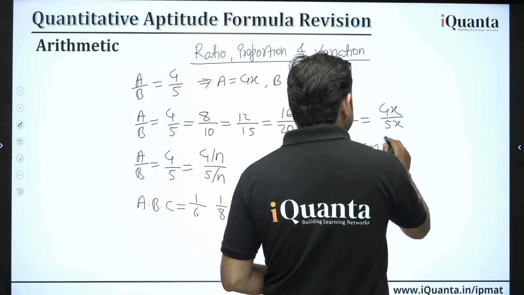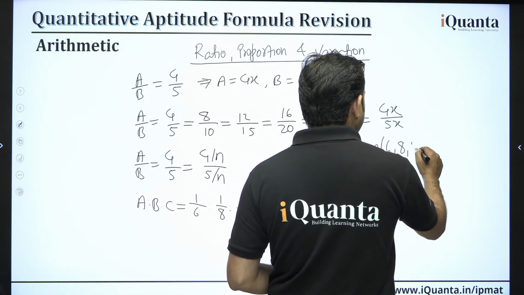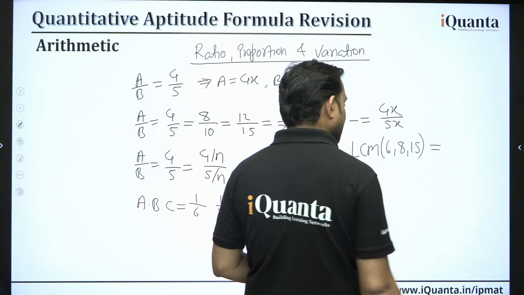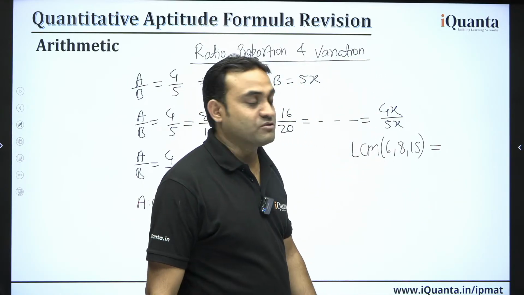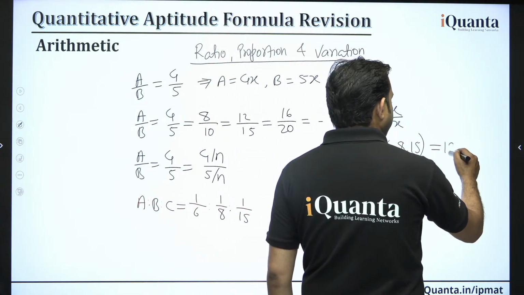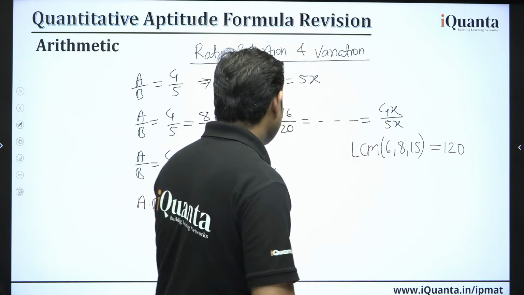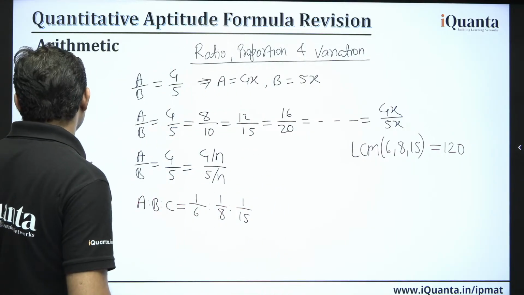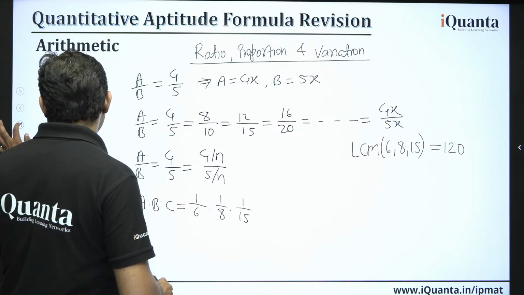If I take the LCM of 6, 8 and 15, what will this value be? 15 and 8 are co-prime to each other, so 15 into 8 is 120. 120 is the LCM. So we can multiply all of these values by 120.